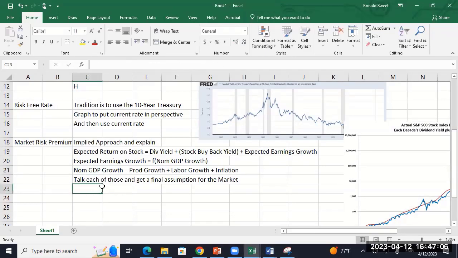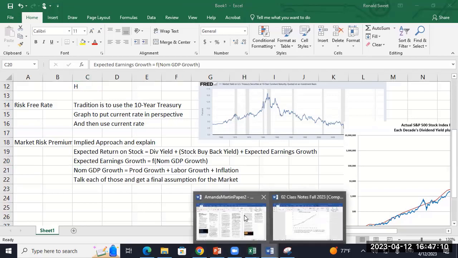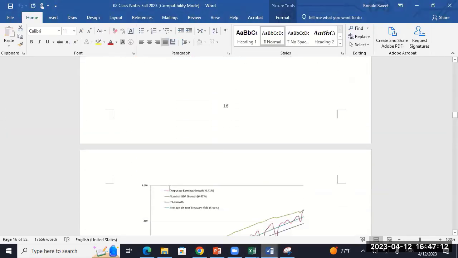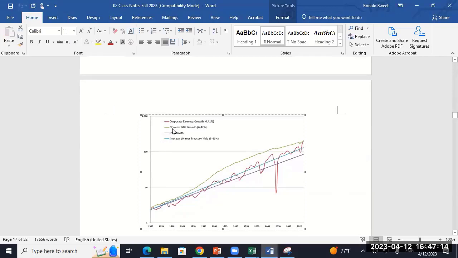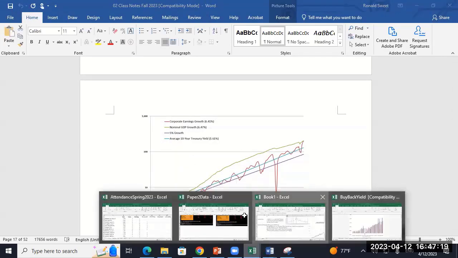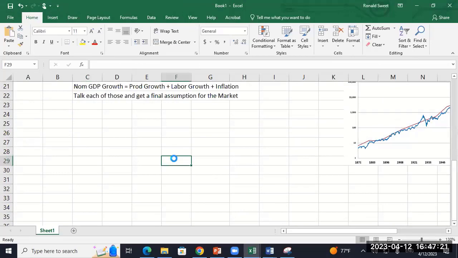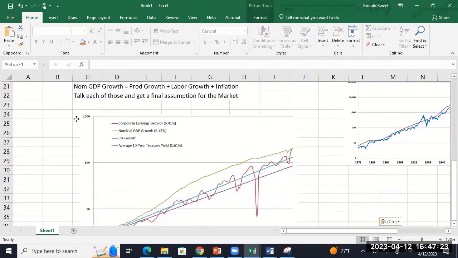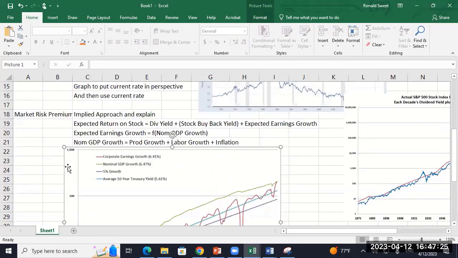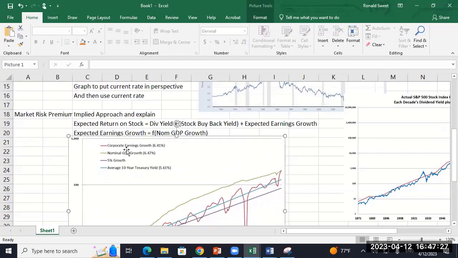All right, and then the expected earnings growth of stocks. Here we have this chart that you can certainly use. It shows that historically corporate earnings growth has been 6.41%.